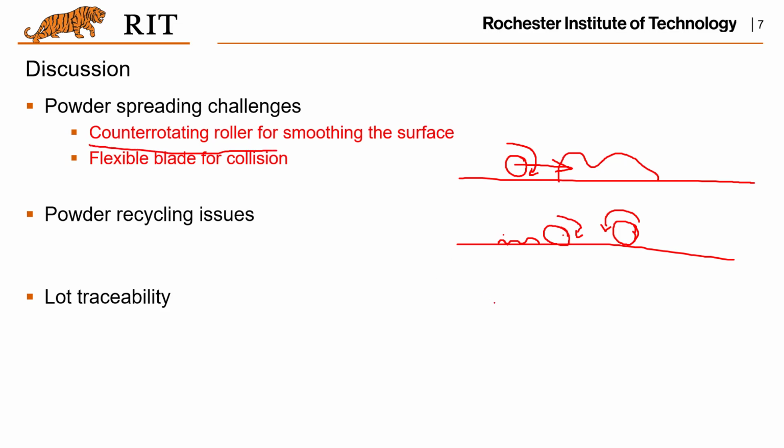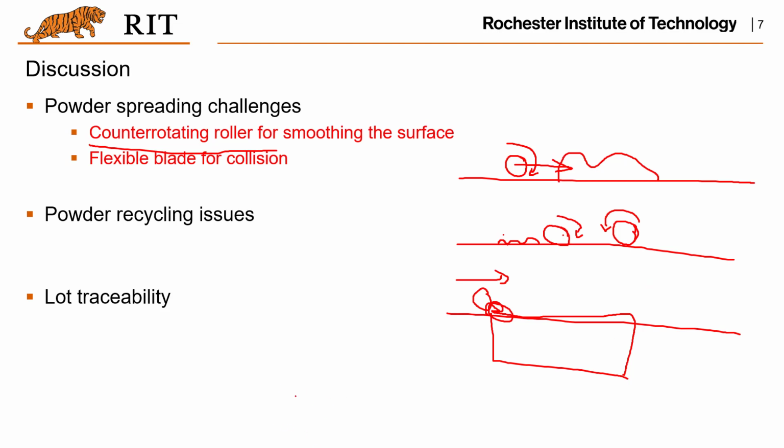Another thing is because there are thermal stresses, the part could be deformed. Let's say after one layer is built, it becomes a little tilted. It's not a flat surface anymore. So if the roller moves from this way to this, there could be some collision, right? That's why some designs use a flexible blade to avoid the collision.